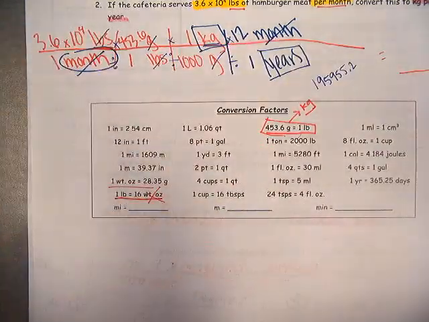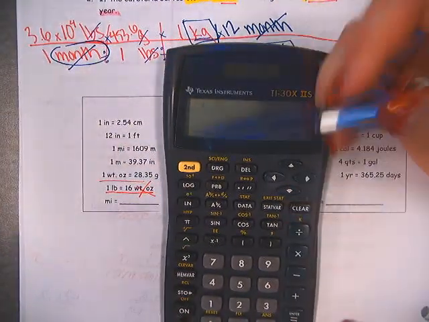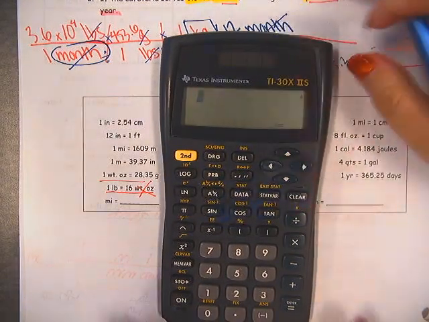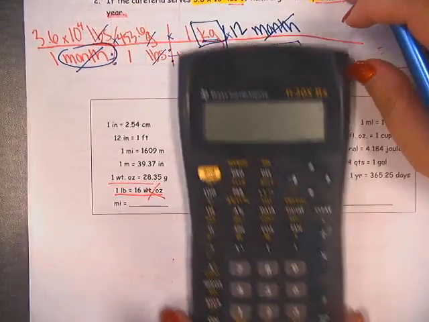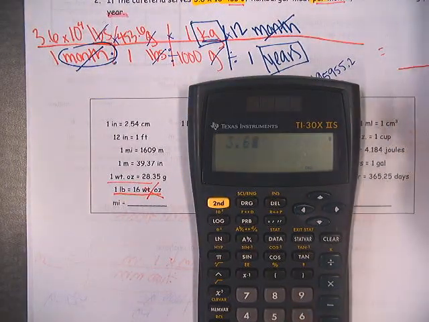So I'll show it again on the other calculator. It's the exact same process, but you have to press the second button just to activate the yellow function on that calculator, so the EE there. So when you type on this calculator, it's going to be 3.6. Do not press the multiply sign.